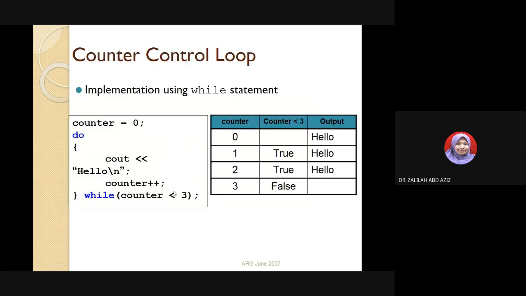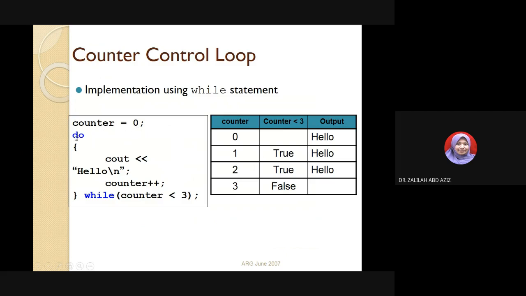Okay, now let's look at one example. Okay, implementation using do while loop. Okay, ini ada typo, ada missing sini. Sepatutnya ini adalah do while statement. Okay, sorry for that. Okay, counter equal to 0.